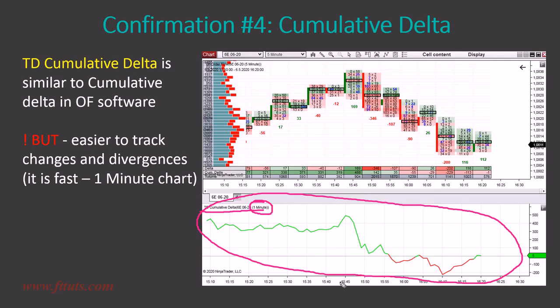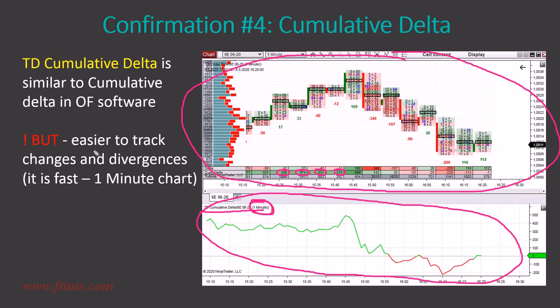Now this basically shows you the same thing as the cumulative delta on the order flow. So essentially it's drawn using those cumulative delta numbers, but if you use the 1 minute setting, which is the default setting for this indicator, the default setting which I personally use, then the cumulative delta gets updated every minute.